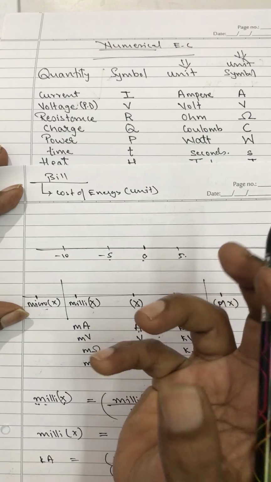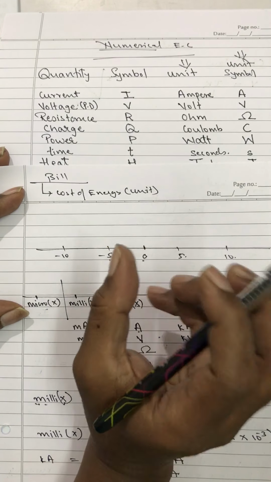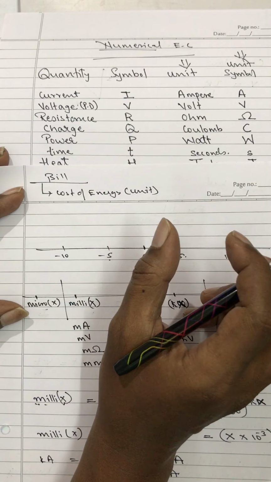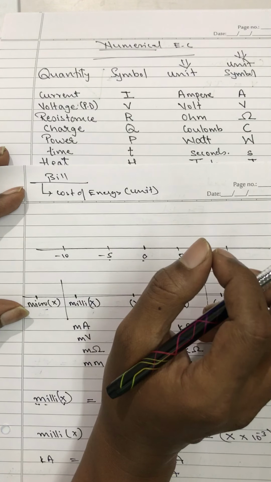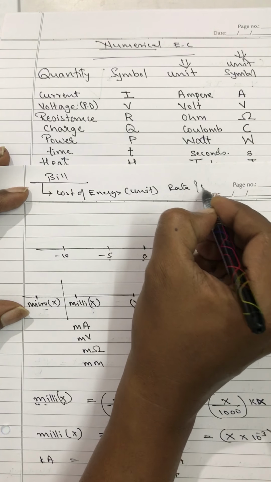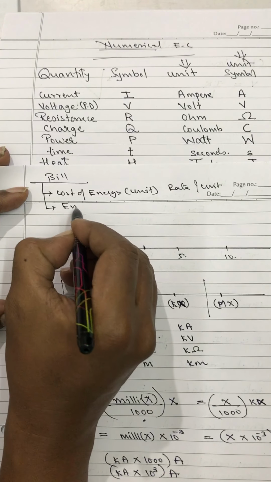You must have heard this unit, how many units you have consumed, and then per unit they will have one rate fixed, 10 rupees per unit, 5 rupees per unit, 3 rupees per unit. That is the rate of unit. And you should know the energy consumed.